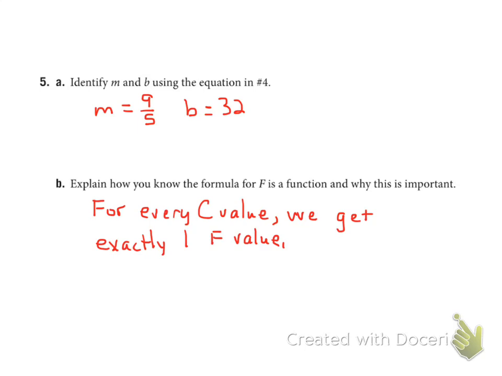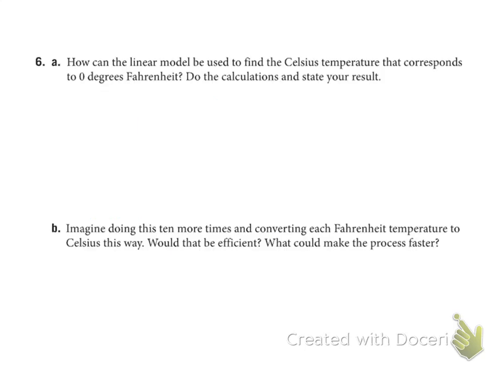On to number 6. How can the linear model be used to find the Celsius temperature that corresponds to 0 degrees Fahrenheit? Do the calculations and state your result. So we have our linear model at the top of the page. F is equal to 9/5 C plus 32. So how can we use that to find the Celsius temperature that corresponds to 0 degrees Fahrenheit?